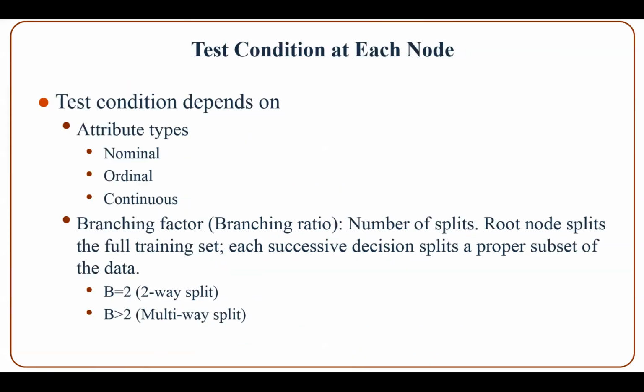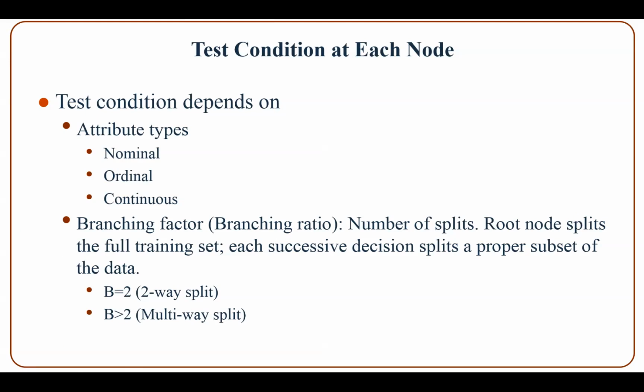At each node, the test condition depends on the attribute types as well as the branching factor, also called branching ratio. This factor is the number of splits. The root node splits the full training set, and then each successive decision splits a proper subset of the data.